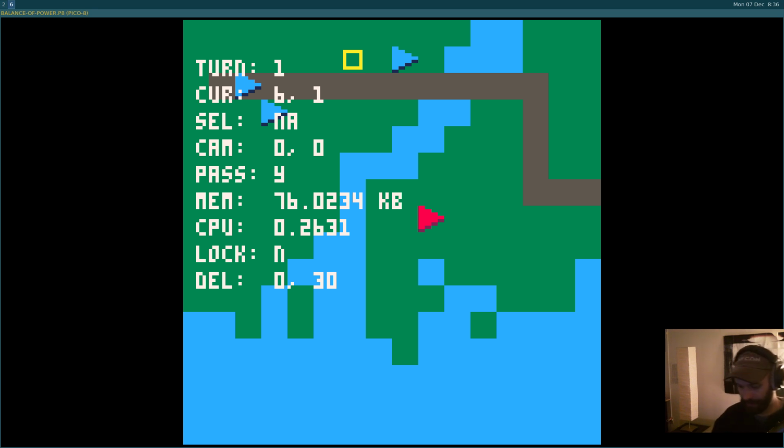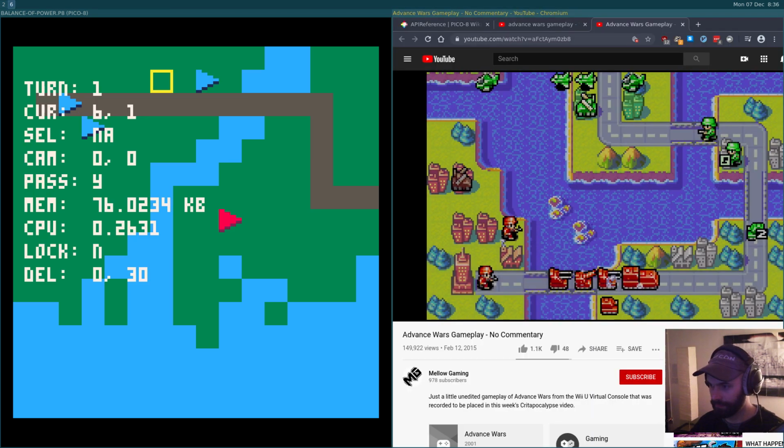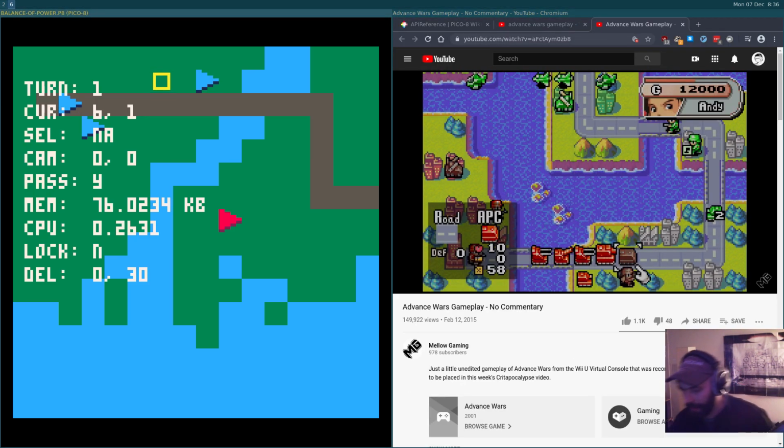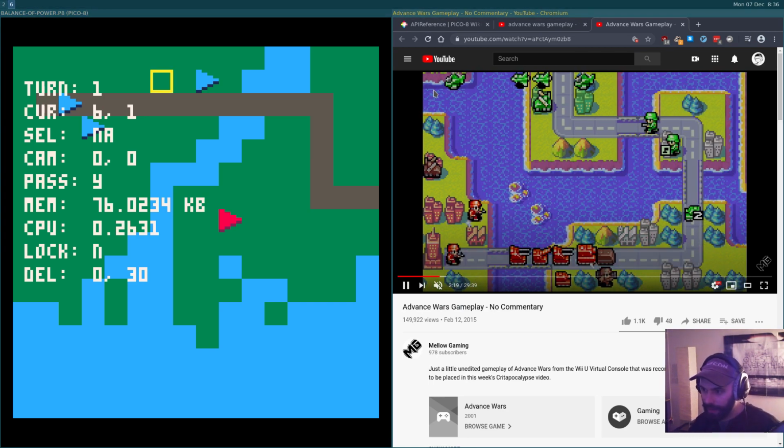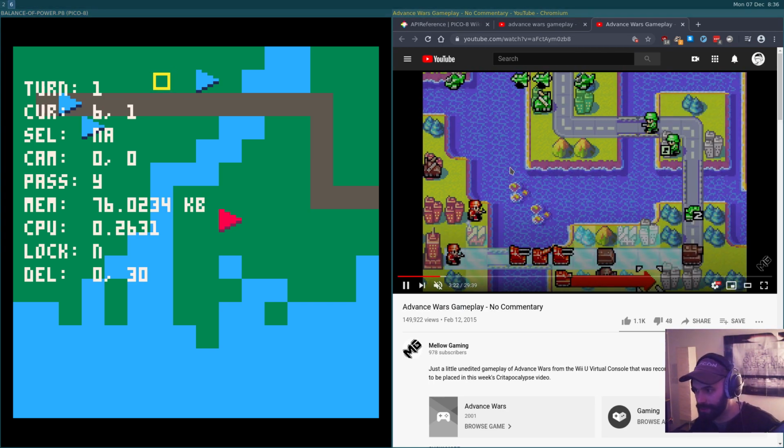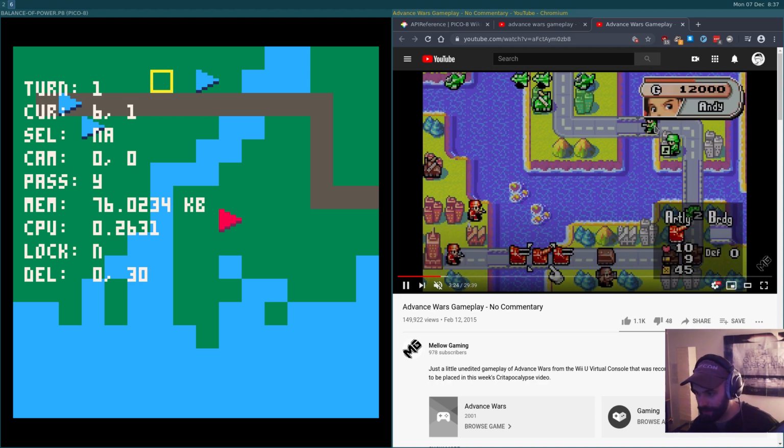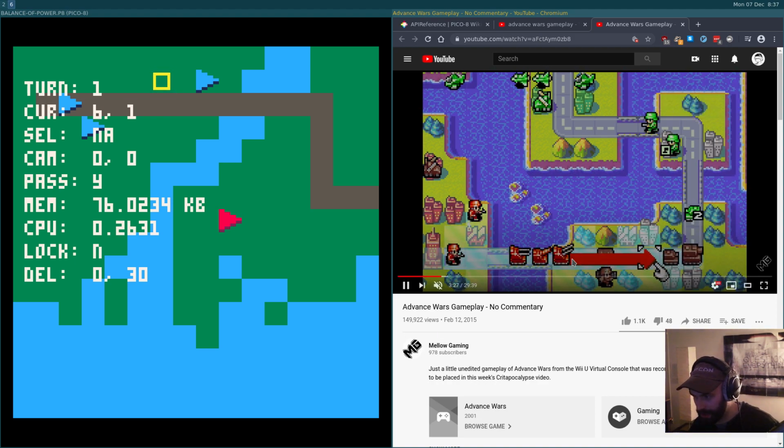Like in Advance Wars, you'd have water animations and your dudes would be bouncing up and down, and there's that kind of cursor throb I was talking about.